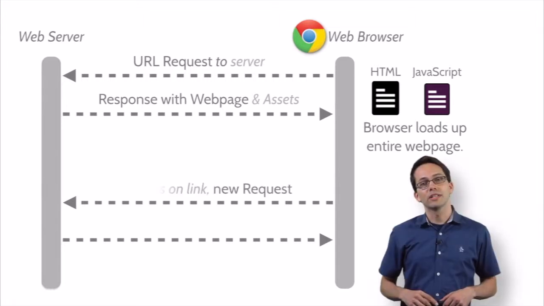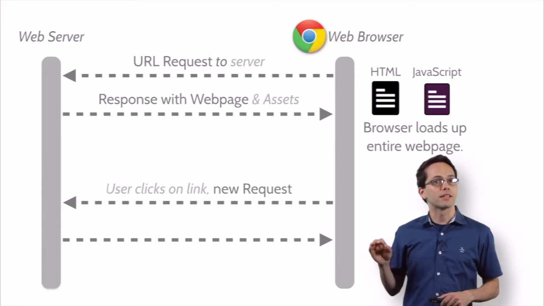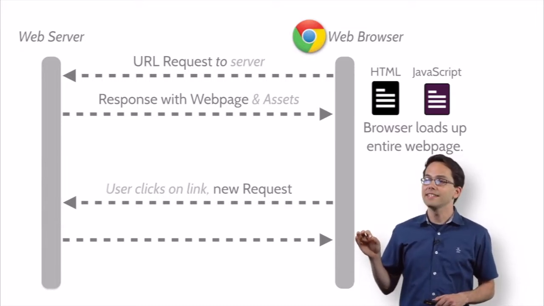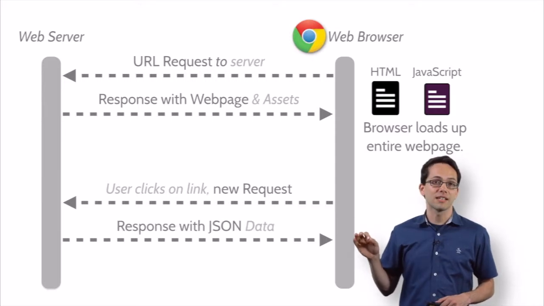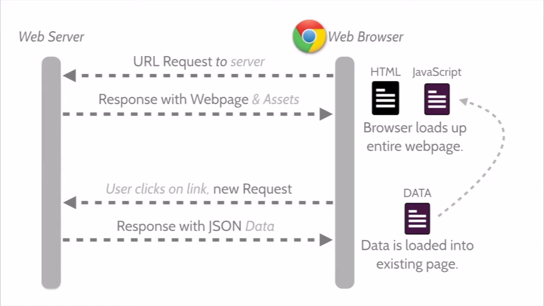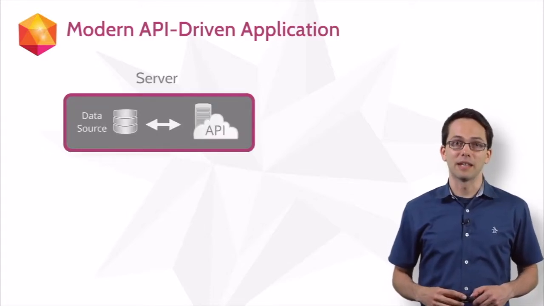This time when a user clicks a link, something different is going to happen. It's only going to request the information it needs to update the page. In this case, just some JSON data. Once our browser has this data, it's going to load it into the existing page and update what we see on our browser. An increasing number of applications these days are building their own APIs.